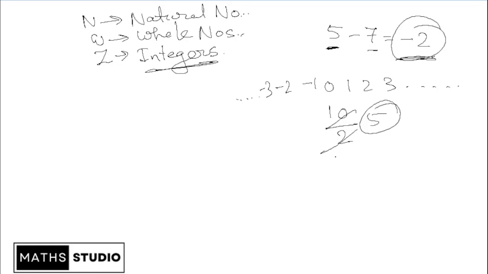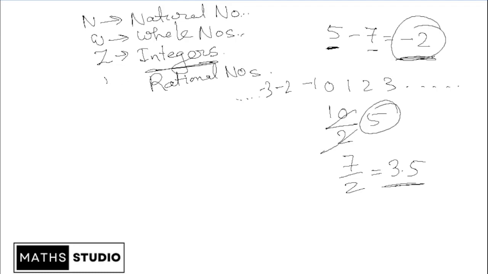But suppose if I do 7 divided by 2, I know it's coming to 3.5, but 3.5 is not part of an integer. So these fractional numbers, okay, they also need to be included. So that is how we get rational numbers.